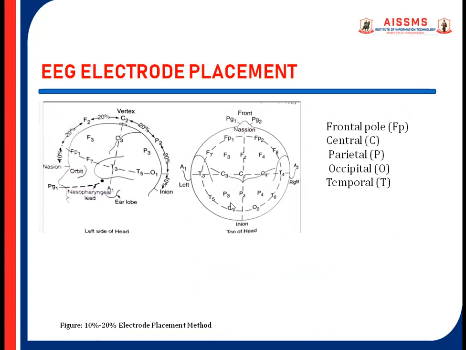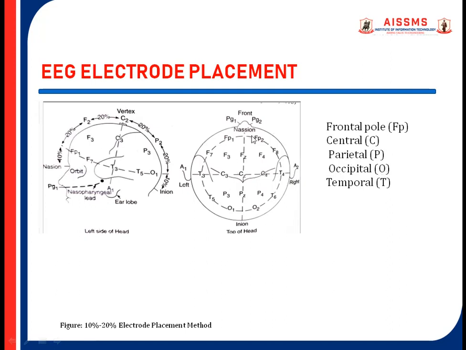EEG electrode placement system. Basically, the EEG adopts the 10-20 system. The essence of the system is the distance in percentage, 10 or 20 percent, between the nasion and a fixed point. These points are frontal pole, central, parietal, occipital, and temporal.